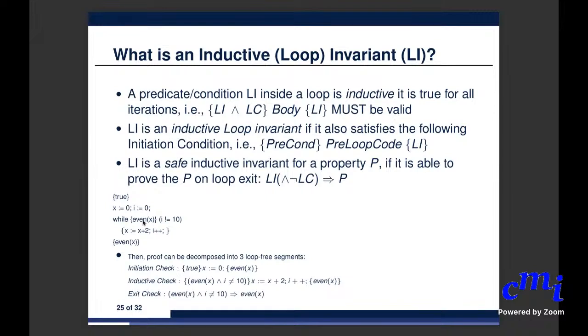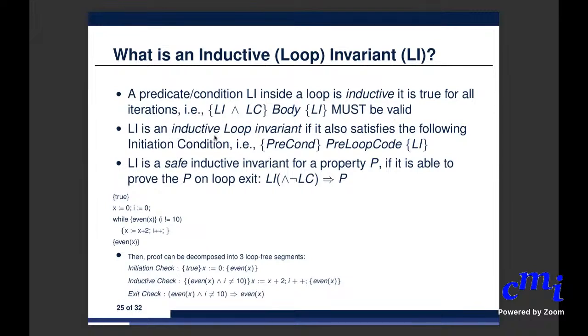And if you start from a state in which X is even and you enter the loop body, that is, I is not equal to 10, and you execute the loop body, since you're incrementing X by 2, X continues to be even. Therefore, even of X is true. So it is inductive. It satisfies the second bullet.